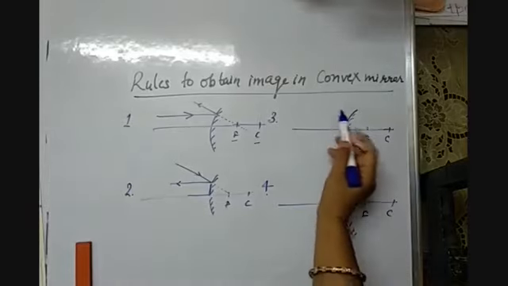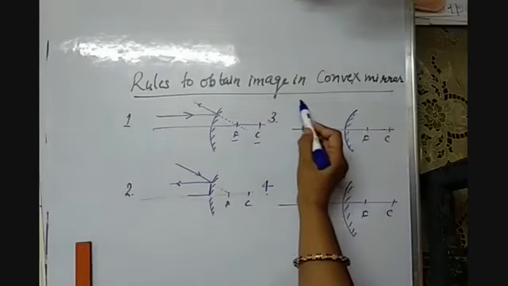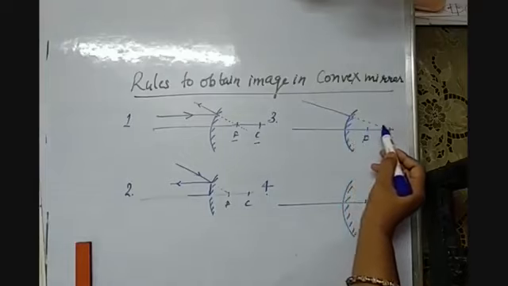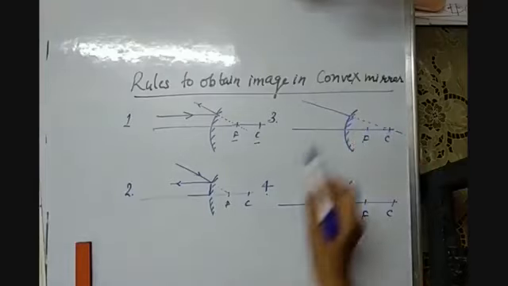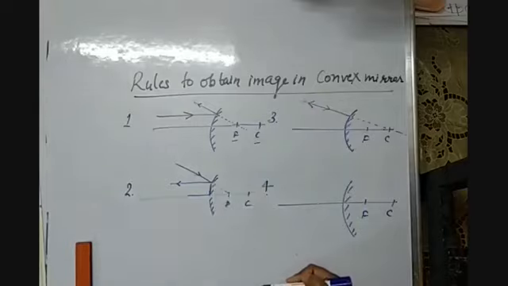When the light ray is incident on the reflecting surface of the convex mirror in such a way that if we extend it, it will pass through the center of curvature, then the light ray will retrace its path and be reflected the same way.